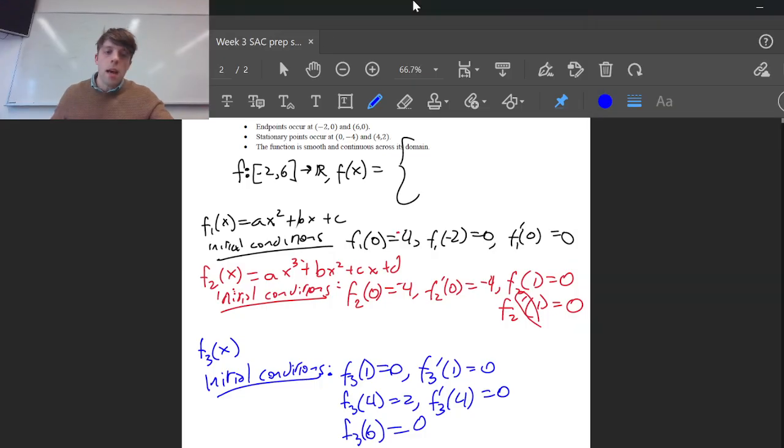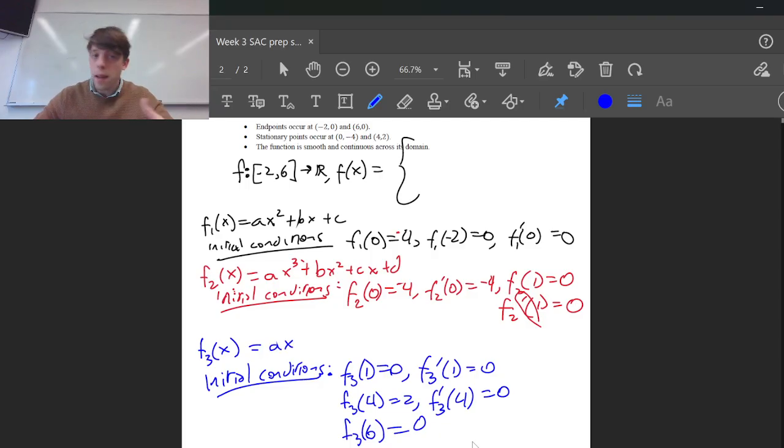By the way, now that we can see the function f3 has 5 pieces of information given to us, we need to use a polynomial that has 5 unknowns. So we should be thinking, okay, a quartic polynomial is what we should reach for.